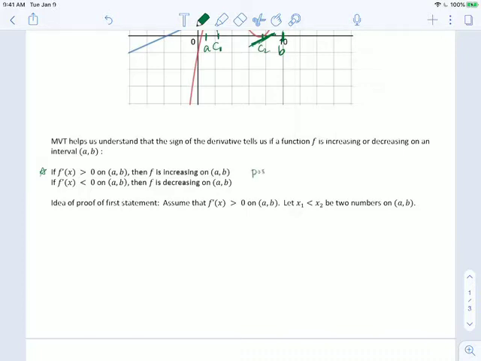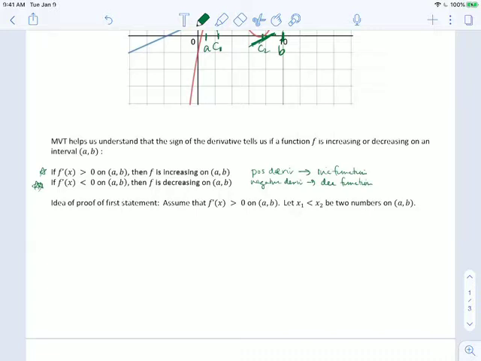So positive derivative implies increasing function. And the second statement: if the derivative is negative on an interval, then the function's decreasing. So a negative derivative tells us that we've got a decreasing function.